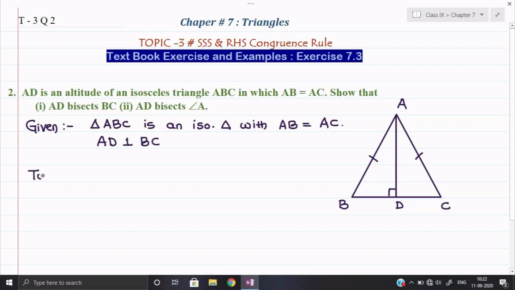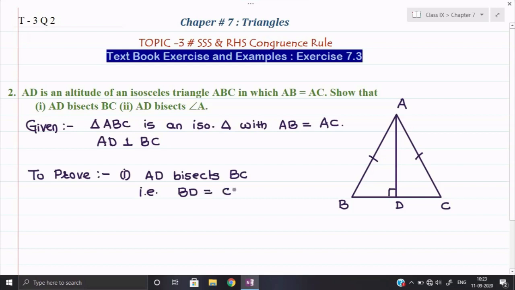Okay. Now let us write down what we have to prove here. First part: AD bisects BC. So AD bisecting BC means we need to prove BD is equal to CD.